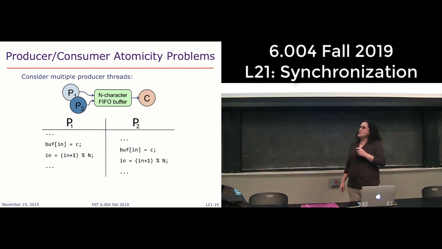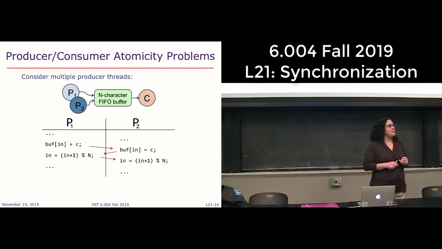Imagine that the order of execution was that first producer 1 comes along and puts its character in buff in, and then producer 2 comes along and puts its character in buff in, and then producer 1 comes back and increments its pointer, and producer 2 comes back and increments its pointer.